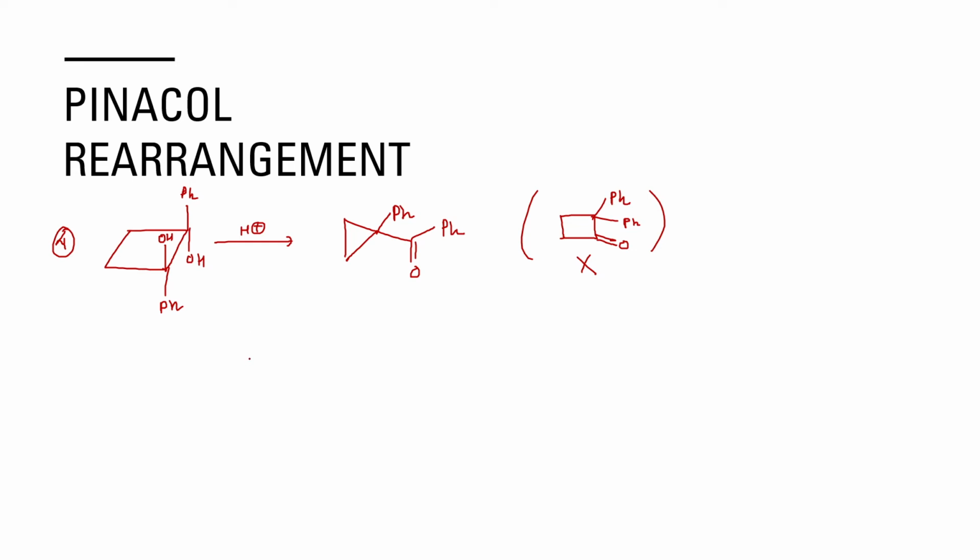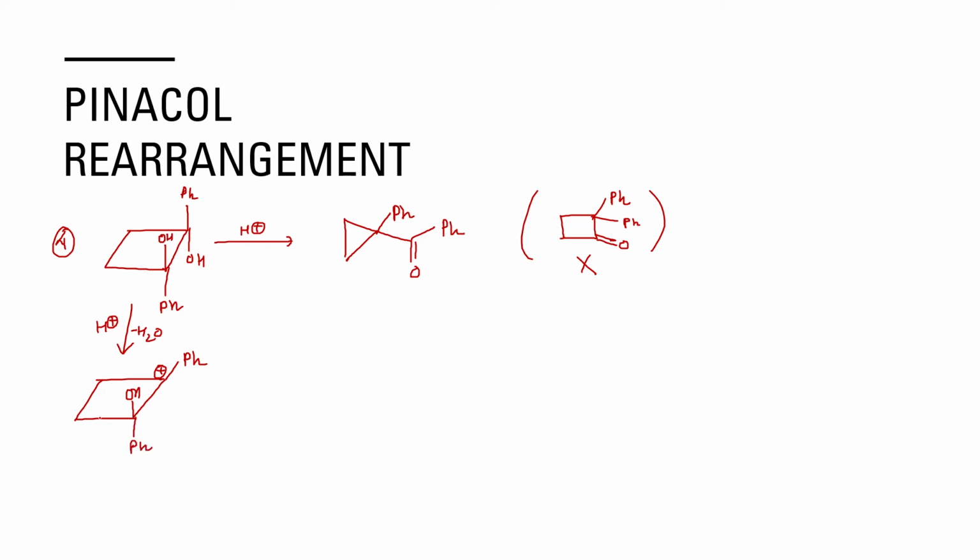Why so? So this is your compound. Once you create a carbocation, you added H+, H2O went out, so you have OH, you have Ph.